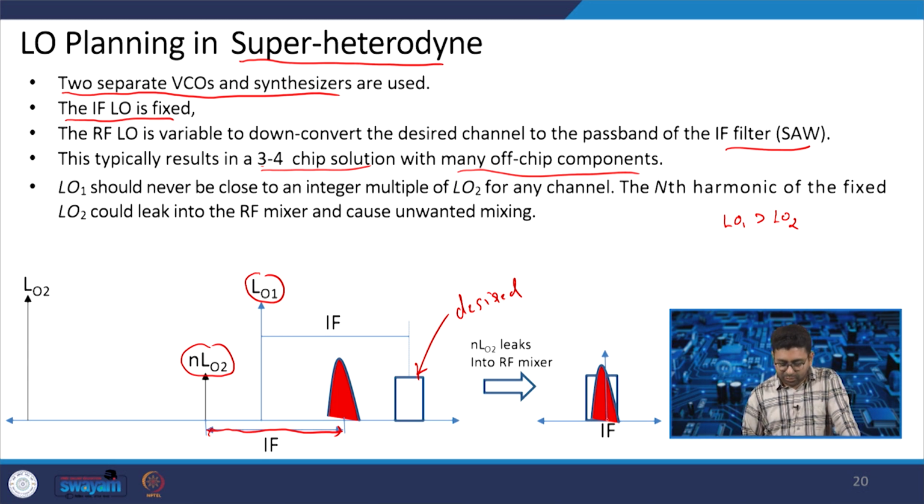So, we need to be careful while choosing the LO frequency: LO1 should never be close to an integer multiple of LO2 for any channel. Otherwise the image will also be down converted due to the harmonic of LO2. So, while planning the LO frequency for superheterodyne, we need to be careful.